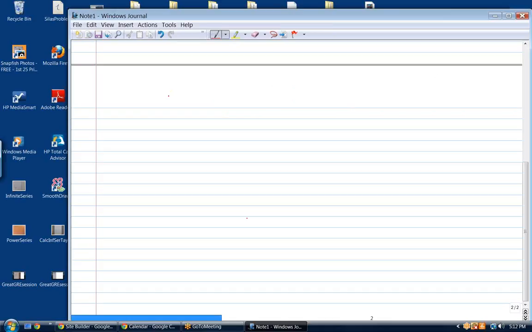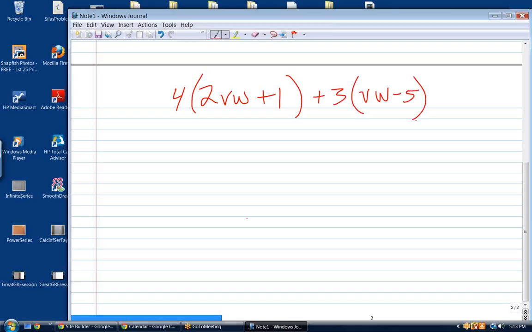The next one is expand and simplify. It says 4 parentheses 2 VW plus 1 plus 3 parentheses VW minus 5. Like that? Okay.